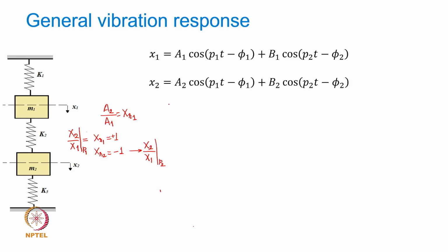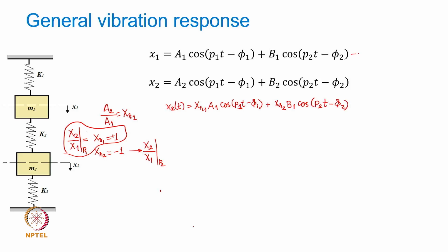So, this x2 was modified and was written as xr1, the mode shape or displacement ratio for the first mode, times A1, because you can see that this will give you the value of A2, and then cos(P1 t minus phi 1), plus you have xr2 B1 cos(P2 t minus phi 2).